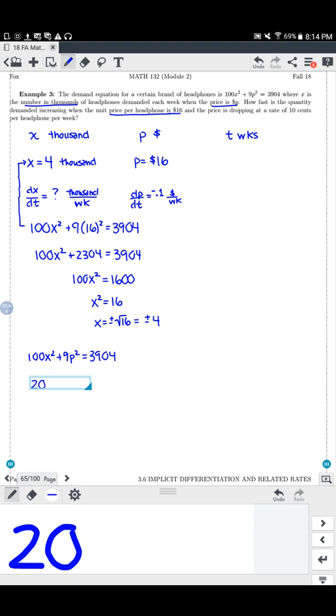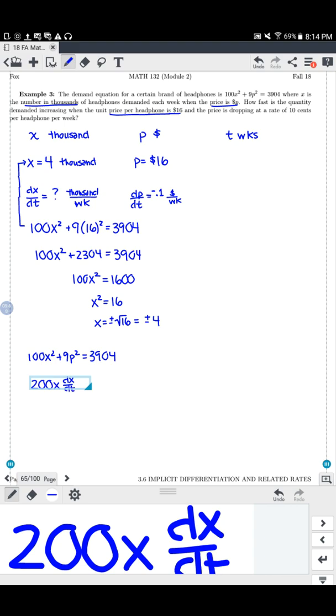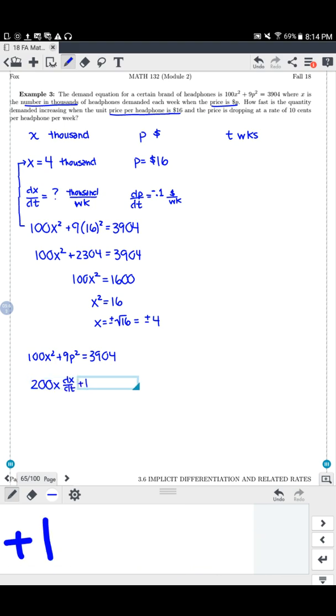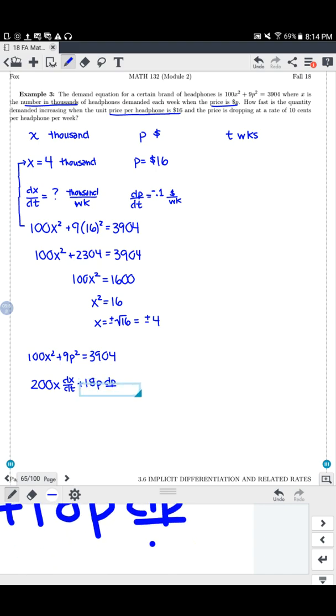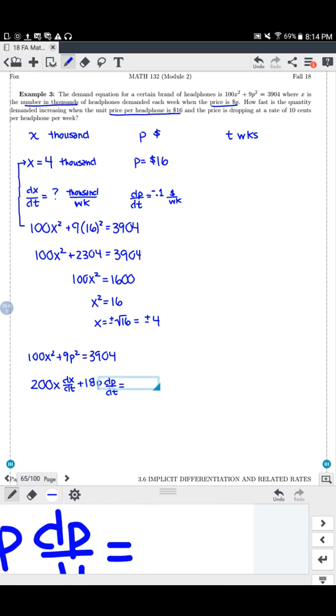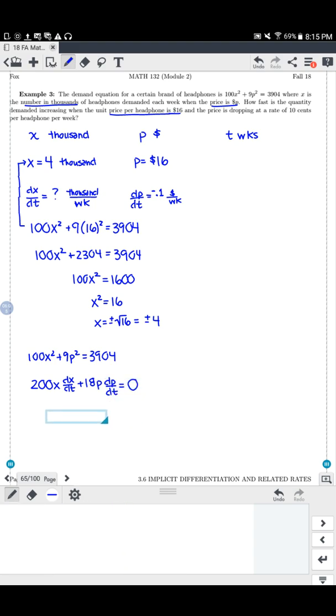So the derivative is going to be 200x dx dt plus 18p dp dt equals, can't forget about the derivative of the right side, the derivative of 3,904 is just 0, which is nice.